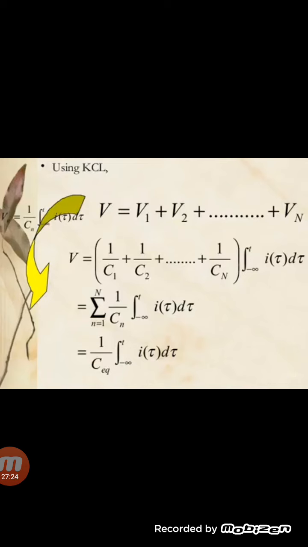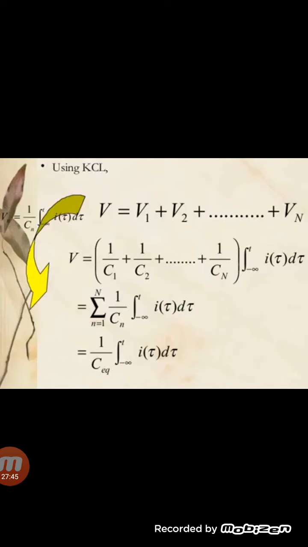V is equal to V1 plus V2 plus V3 up to Vn, with 1 over Cn times the integral from minus infinity to t of I of tau d tau, so V is equal to 1 over C1 plus 1 over C2 plus 1 over Cn times the integral from minus infinity to t of I of tau d tau.